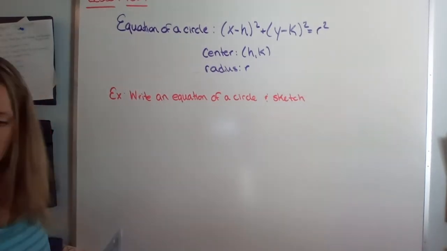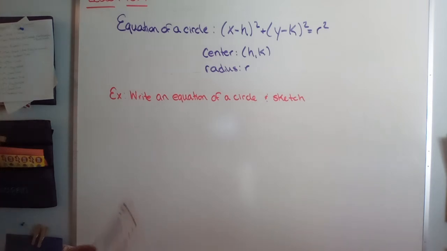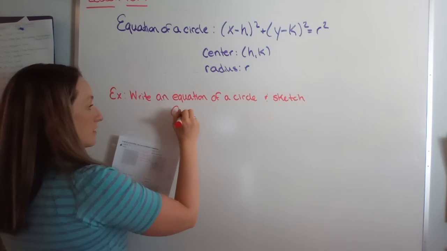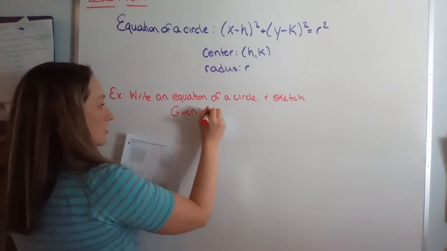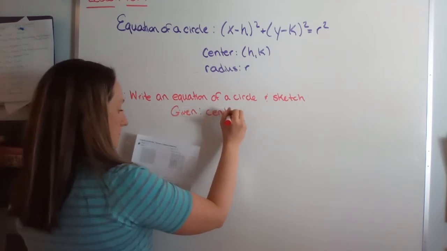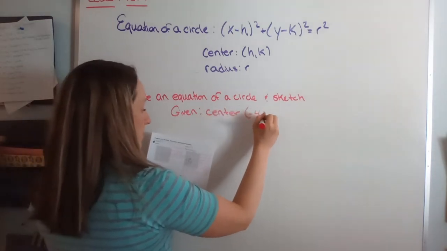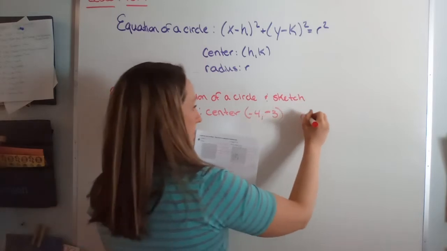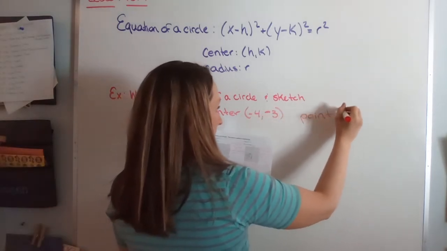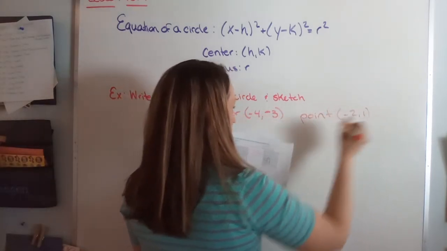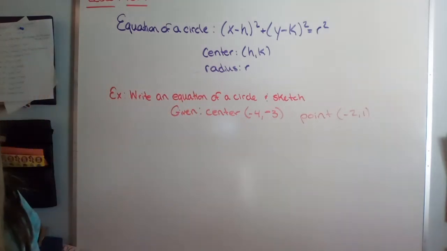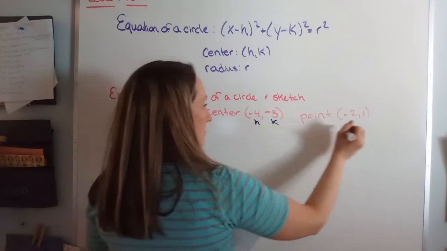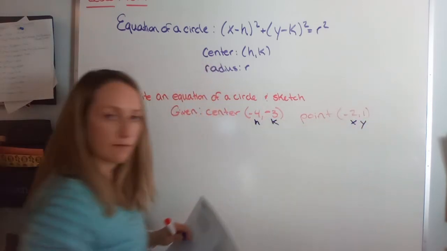All right. The next problem we're going to look at is number 4. Okay, this time I'm giving you a center at -4, -3, and a point at -2, 1. All right, so this is my h, my k, my x, my y.